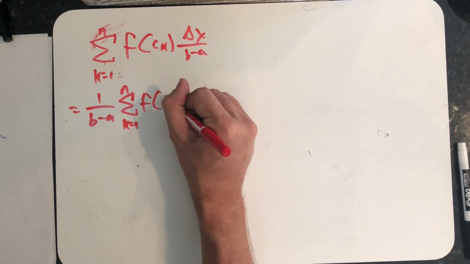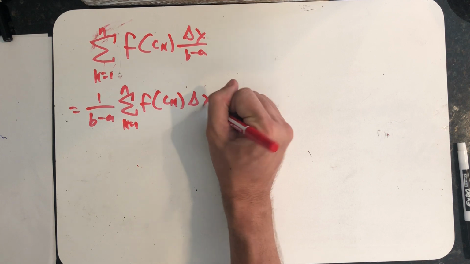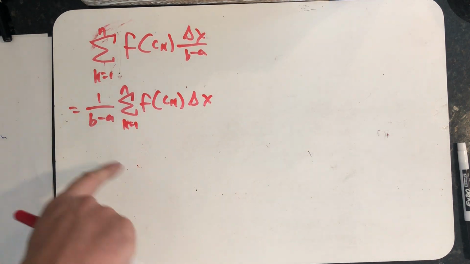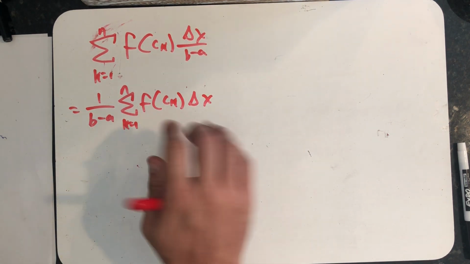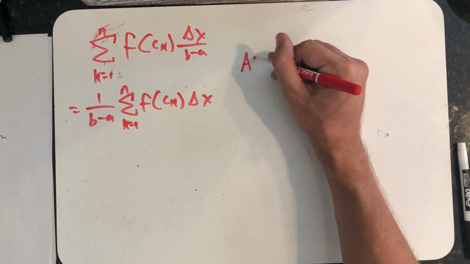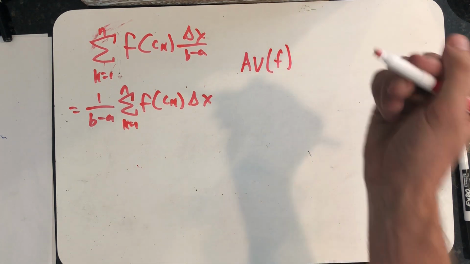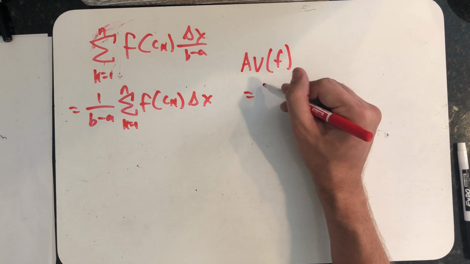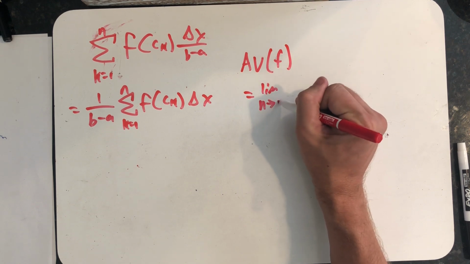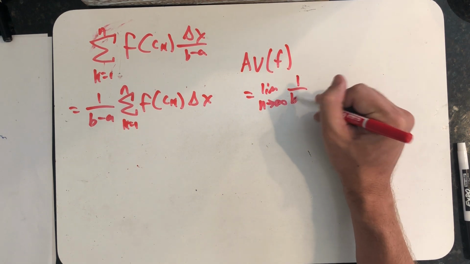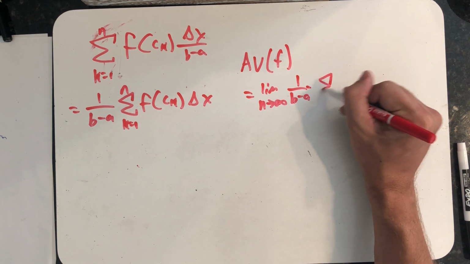So my average value would be approximated by this sum times 1 over b minus a. Well, that's a Riemann sum, which would allow me to conclude that the average value of f should be equal to the limit, as n approaches infinity, of 1 over b minus a times that sum.